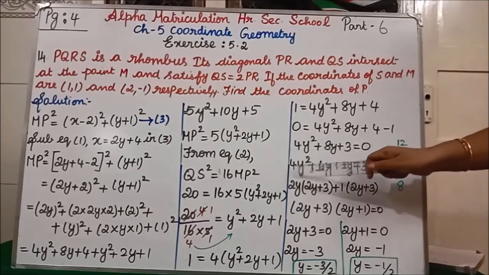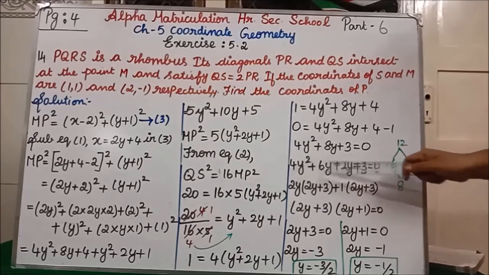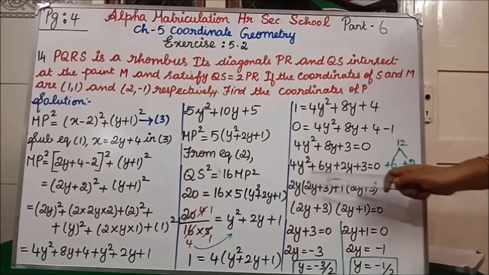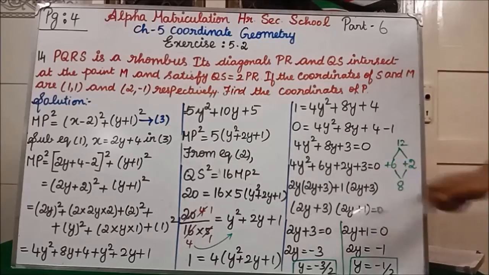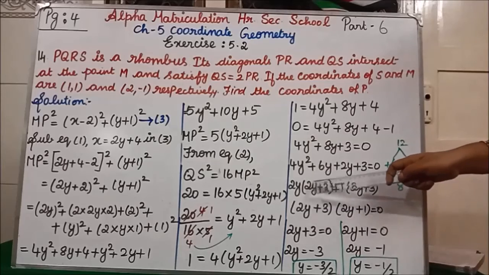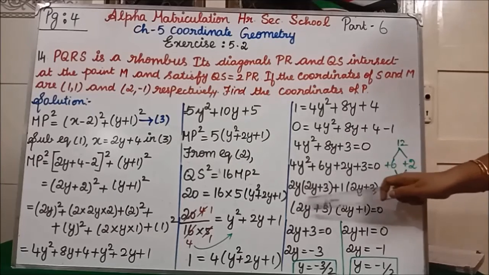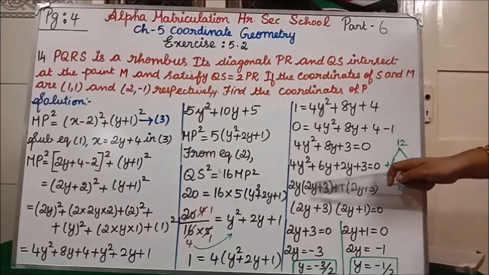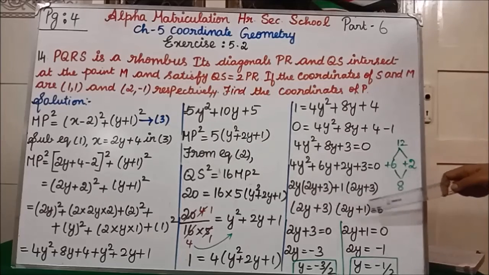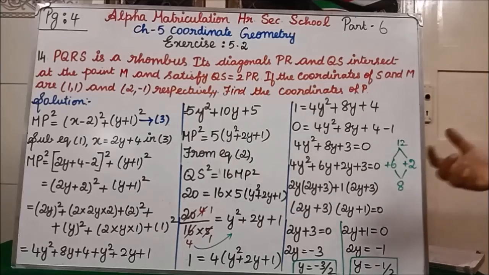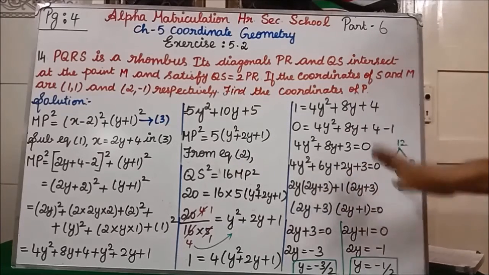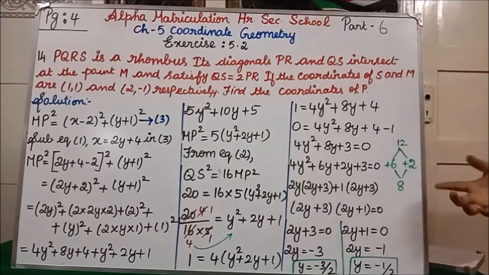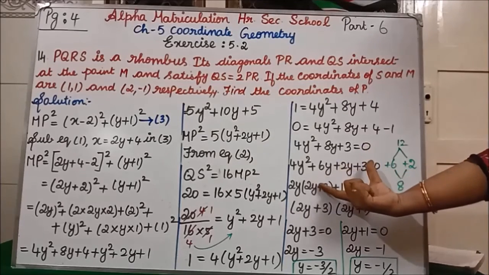Next, what is the common term in the first two? 2y is common. So take the 2y out. So remaining is what? 2y plus 3. Whatever bracket you are writing, the same thing here also you have to write. I have told you before in factorization, isn't it? So whatever bracket you write, immediately you write here also. Then you see the remainder. Totally we have 4 terms.